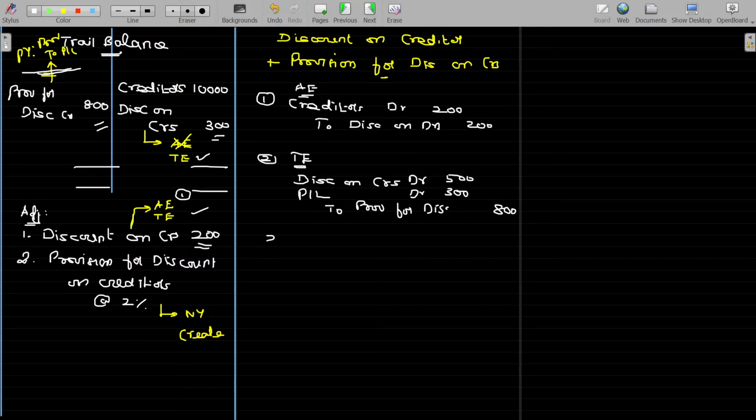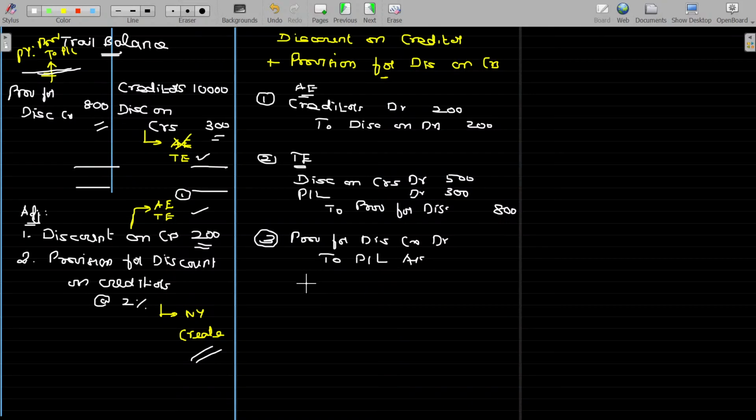The third entry is all about what? Provision supposed to be created for meeting or adjusting the discount on creditors in the later period. For that, we have to credit the provision for discount on creditors in the credit side. Debit profit and loss account.